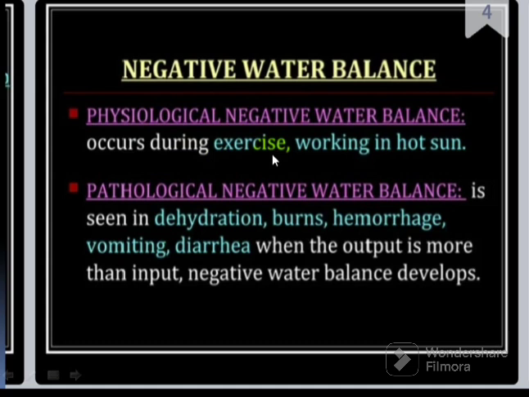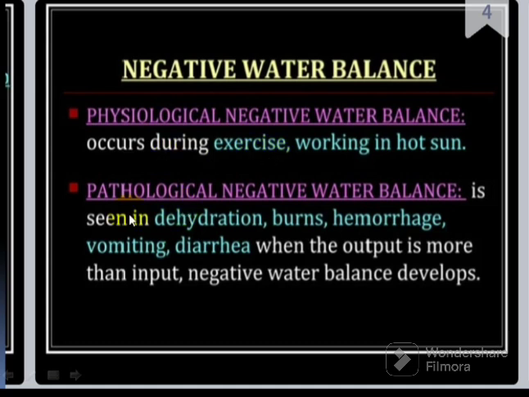Okay? You might get dehydrated. But that is not pathological, it's physiological. Because after that exercise, you take a rest, take in fluid, and the body water content can return to normal. That is physiological. There are also pathological variations, as seen in dehydration.